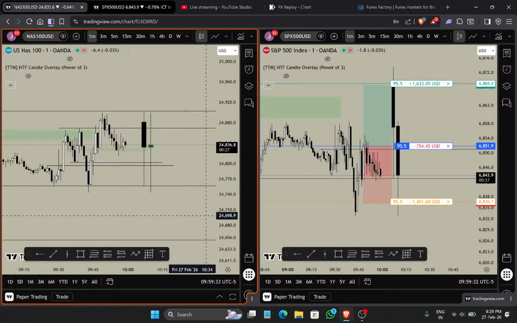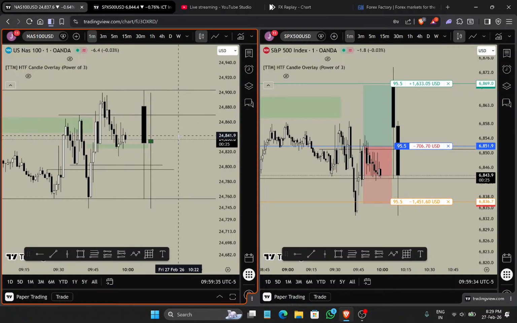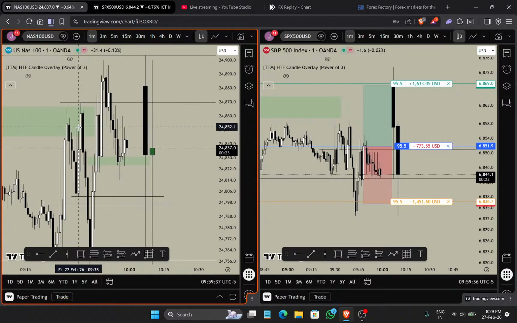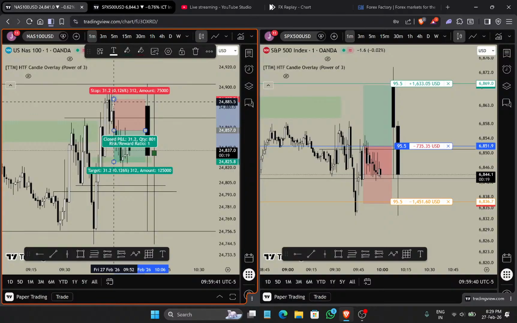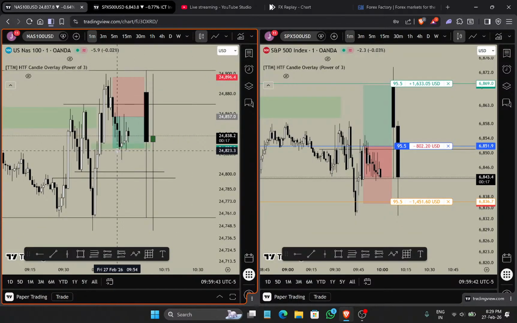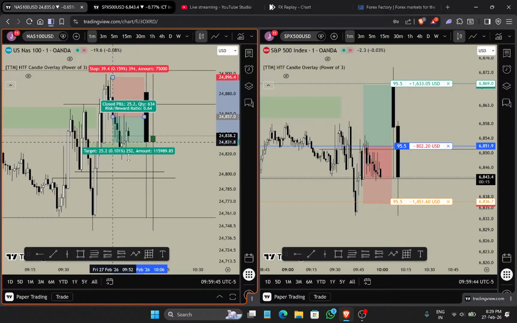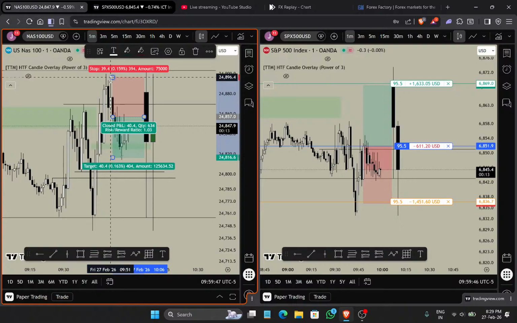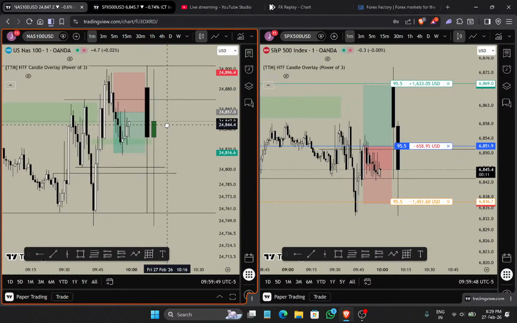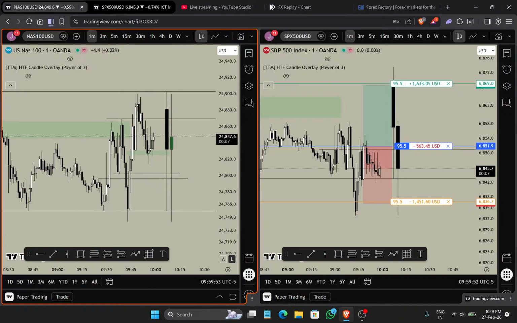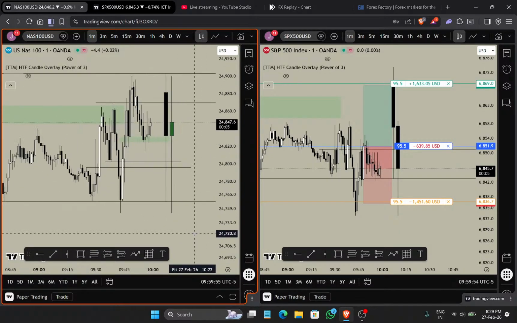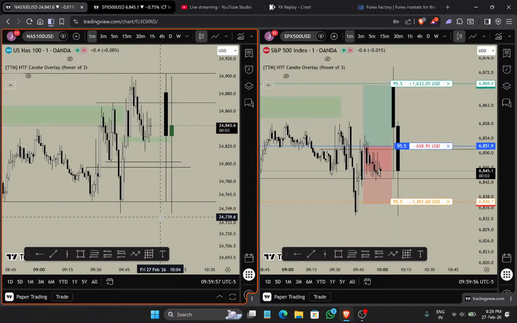If I'm using my previous strategy, I will definitely take this short. Most probably I will take this short. I aim for a 1 to 1. You can see the short is not so aggressive.